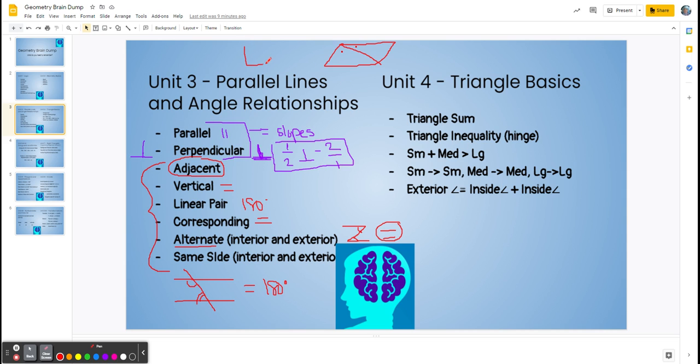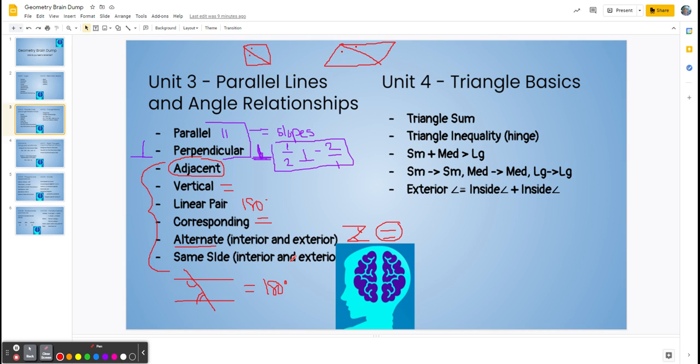If I give you a square and I do the diagonal, then those adjacent angles are congruent because the diagonal bisects the angle. So adjacent just means they're side by side. They share a ray or a segment. I think of adjacent like townhouses or apartments. They share a wall, whereas freestanding houses are not adjacent because they don't share a wall.